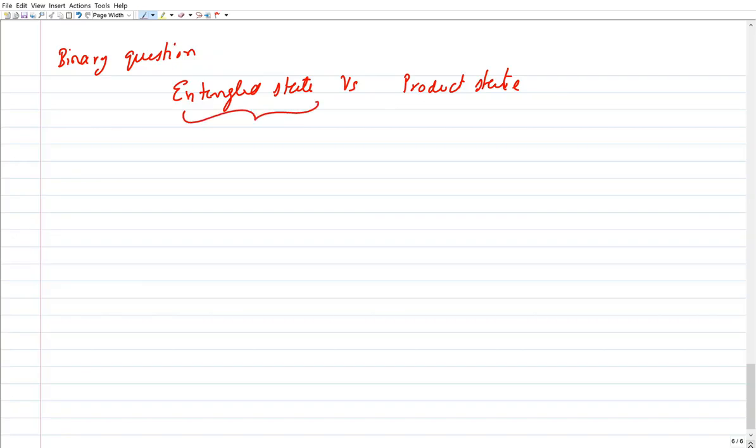So the next question which arises is, we've answered a binary question, entangled state versus a product state. Now, among entangled states, how do I quantify the amount of entanglement?